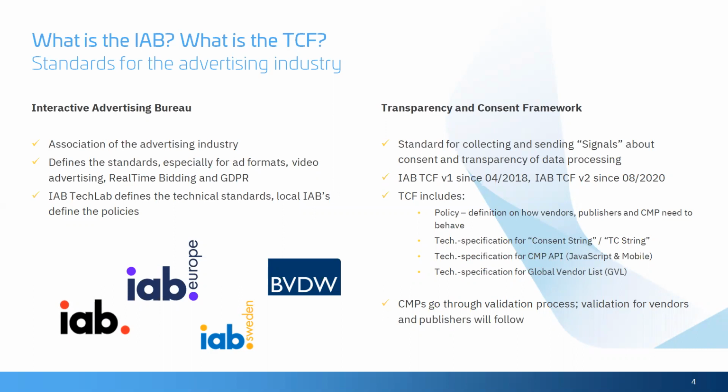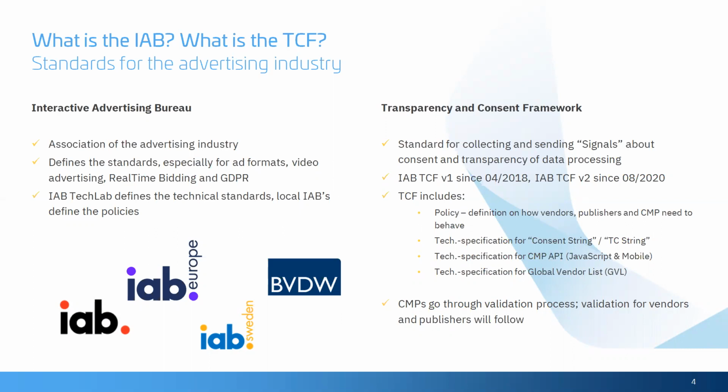CMPs, so for example the consent manager, need to go through a validation process. So we need to prove to the IAB that our software follows these standards, and we use all the guidelines, etc. There will also be a validation for vendors and publishers.